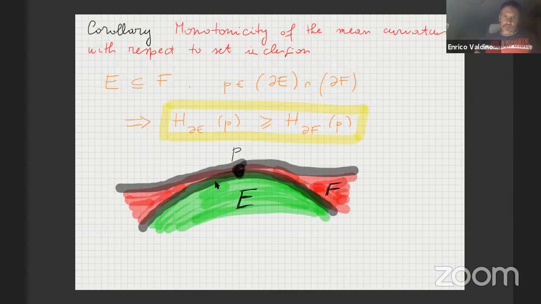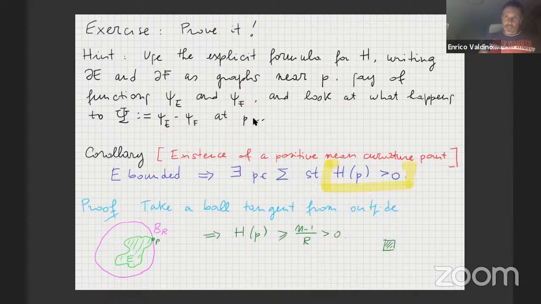Of course, this is kind of evident in dimension 2. Then in higher dimension, you may argue taking sections to compute the mean curvature, like an average of the sections, or you can use the explicit formula that we discussed before.